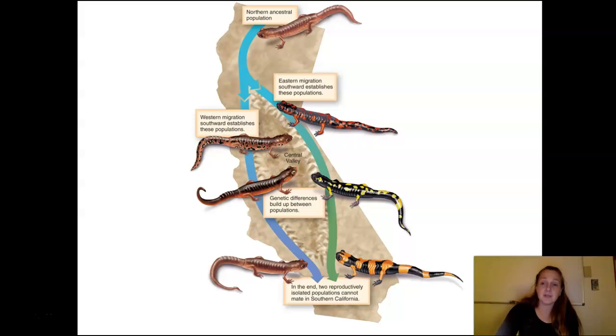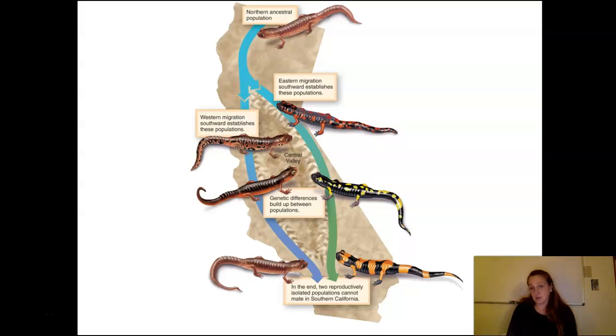An example in the textbook is of salamanders. In order to understand this example, you first have to think like a salamander. Salamanders are small. They're dependent on water. They are not going to move very far. They like to stay really close to their home. We have to keep in mind how big California is. So when we start with an ancestral population of salamanders in Northern California, each salamander in their lifespan is not going to get very far.